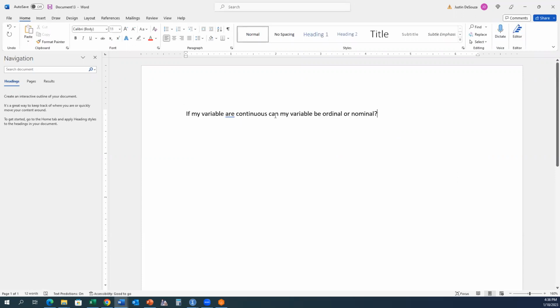If my variables are continuous, can my variable be ordinal or nominal? These are all three different things. So continuous, strictly numeric, ordinal, something like education, nominal, something like ethnicity.